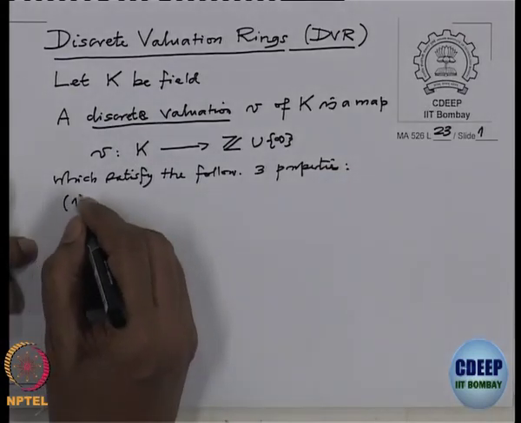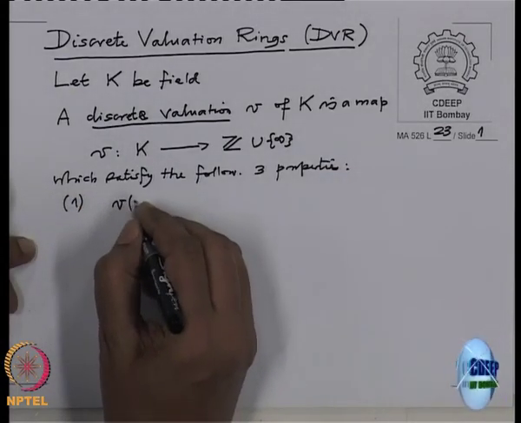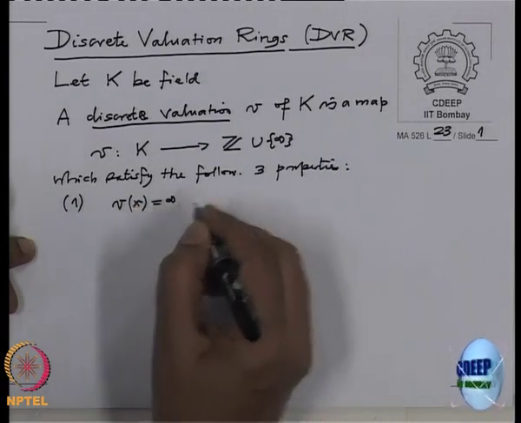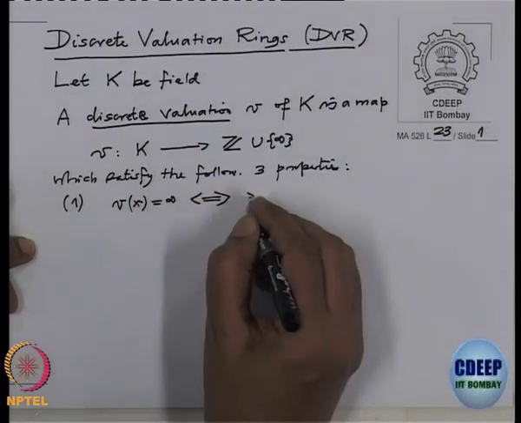One, V of x equal to infinity if and only if x is 0.